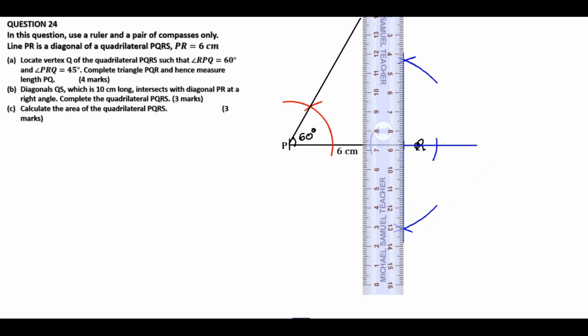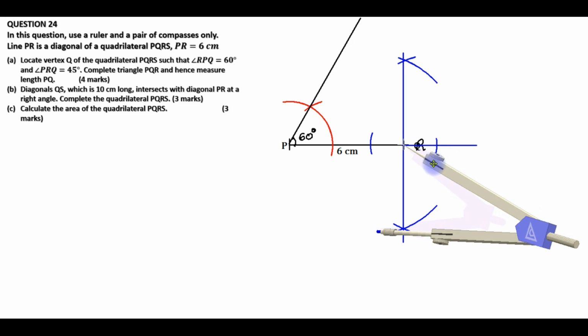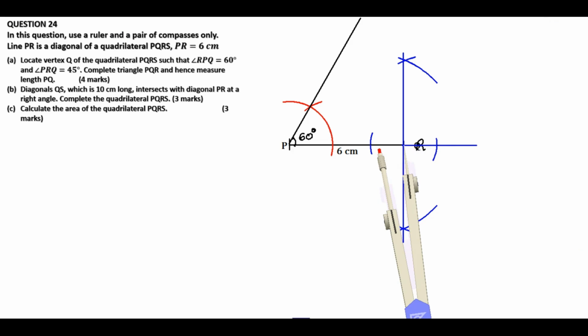Once I do that, I take the compass again, and then I now bisect the angle.